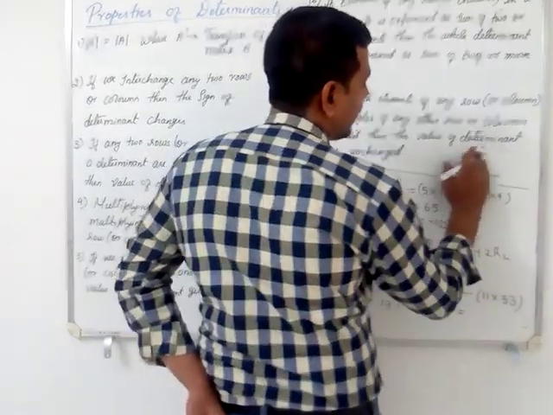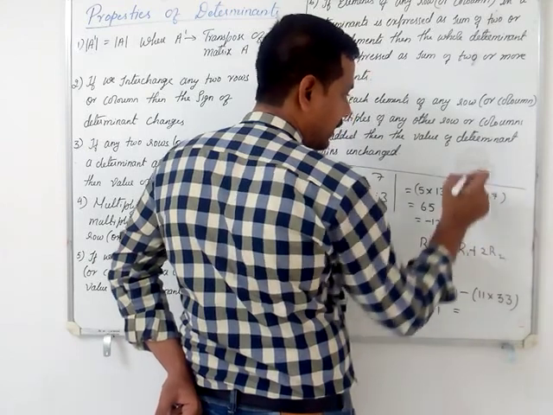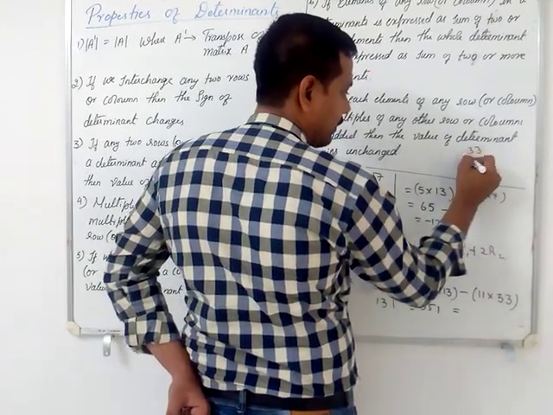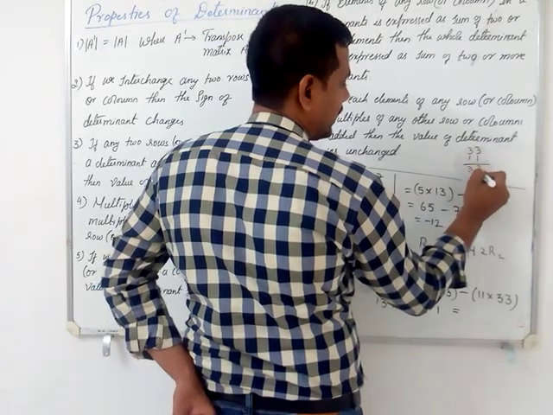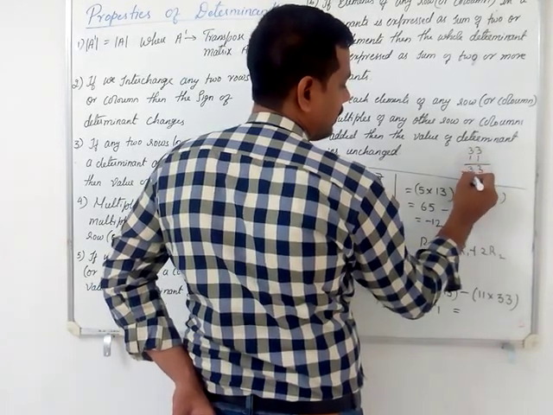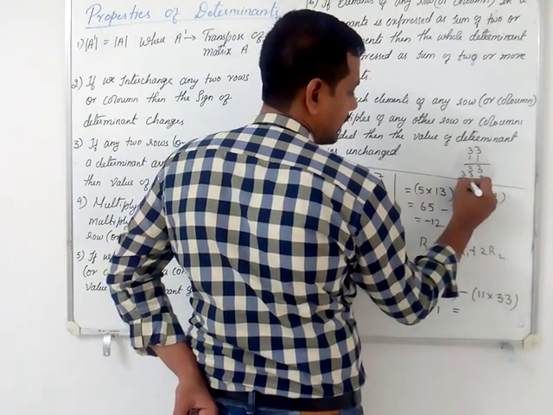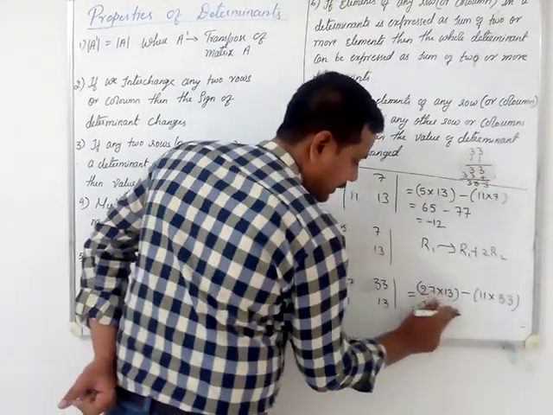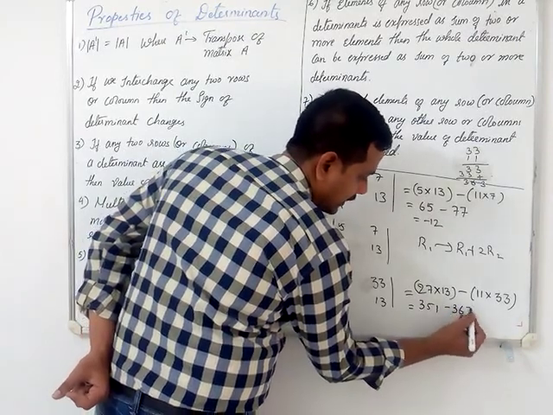Similarly, what is 33 into 11? It will be 363.